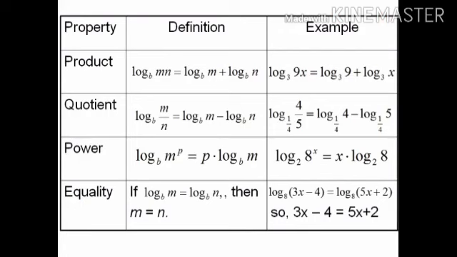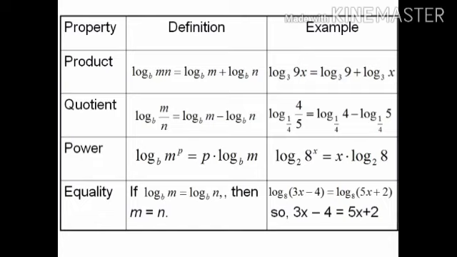First property, product. Log mn base b is equal to log m base b plus log n base b. Example, log 9x base 3 is equal to log 9 base 3 plus log x base 3. Second property, quotient. Log m by n base b is equal to log m base b minus log n base b.